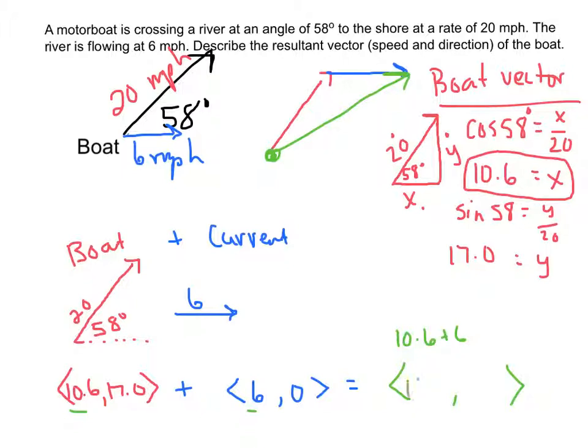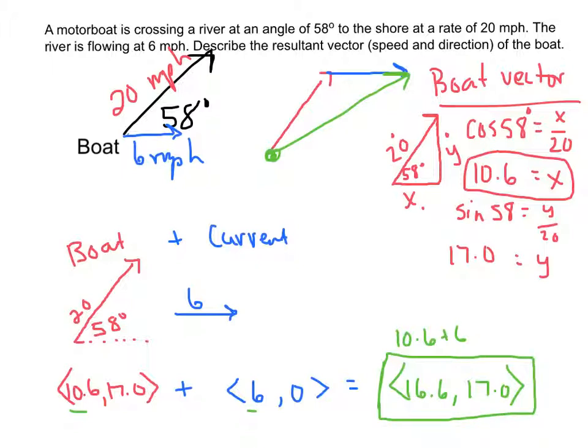So it's pushing it downstream at a rate of 16.6 miles per hour. And then it's heading in the y direction, or across the river, at a rate of 17.0 miles per hour. So we have our resultant x and y coordinates.